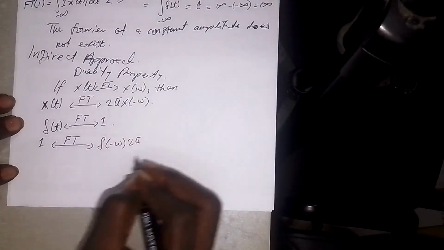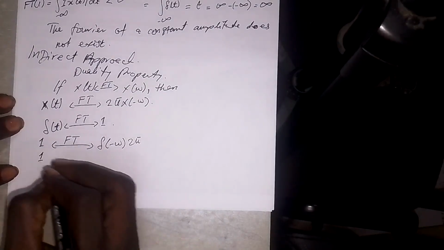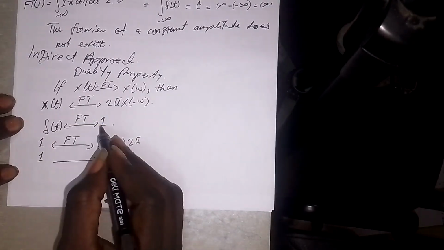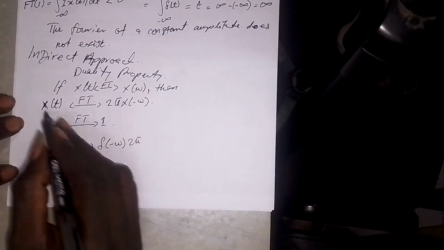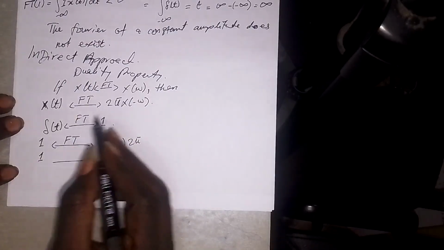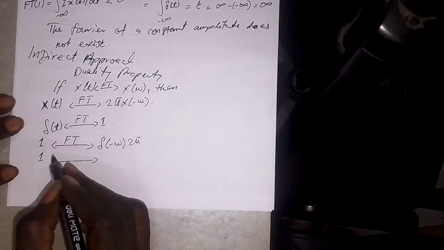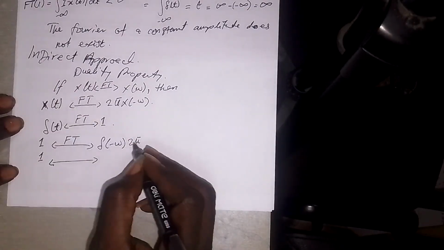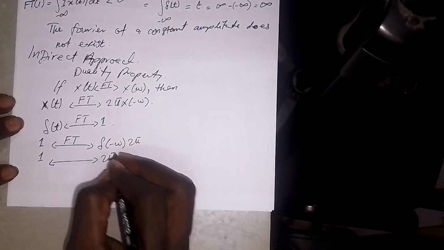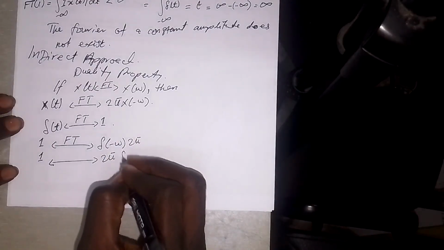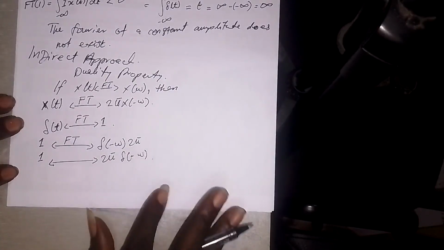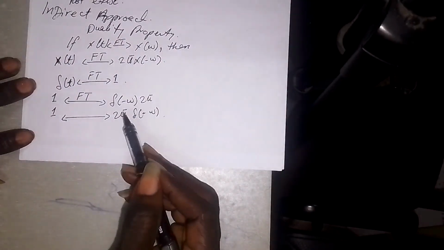I take this 1 to be my x of t, and I'm just rearranging it, so I have 2 pi times delta of minus omega. If I follow the duality principle, I can have this.